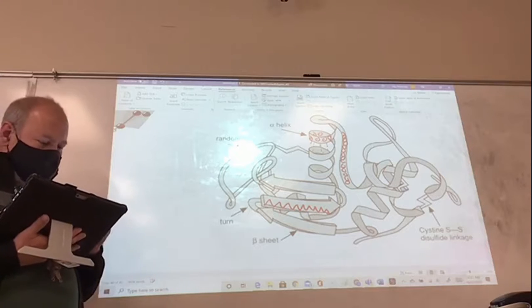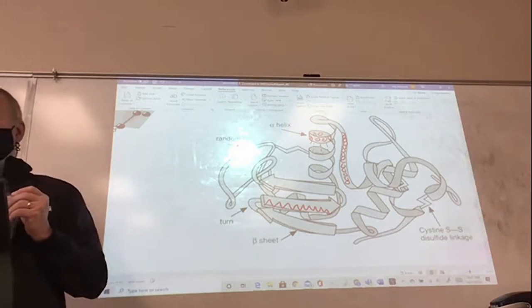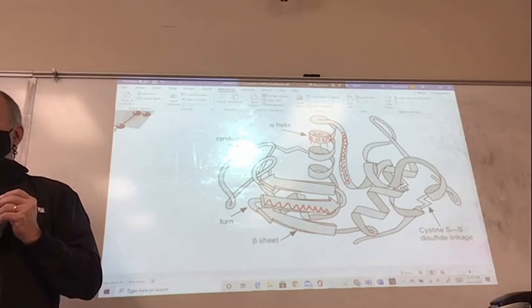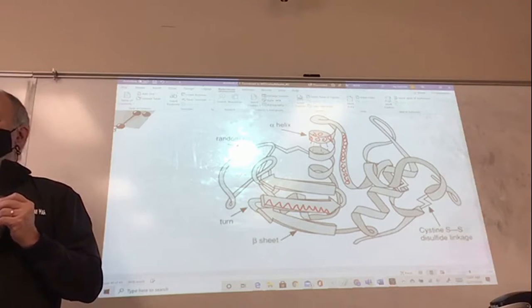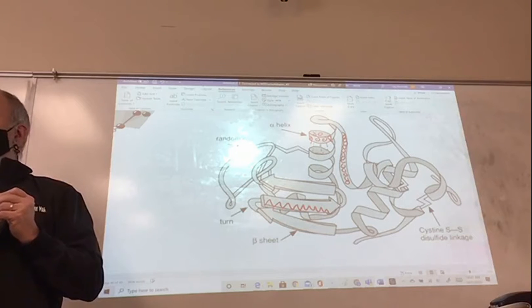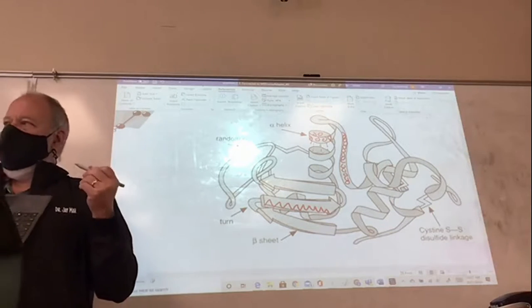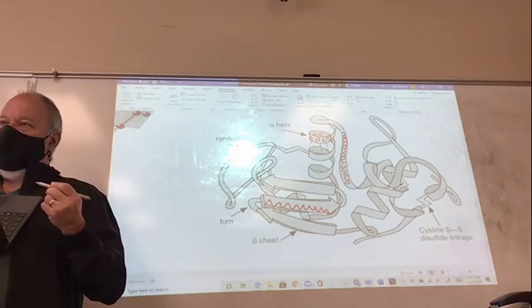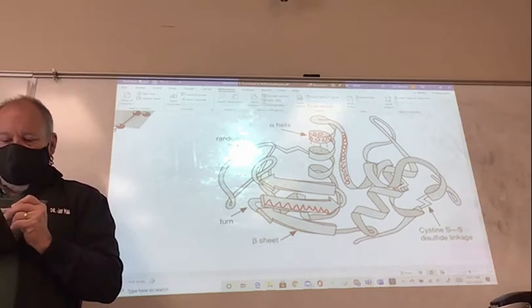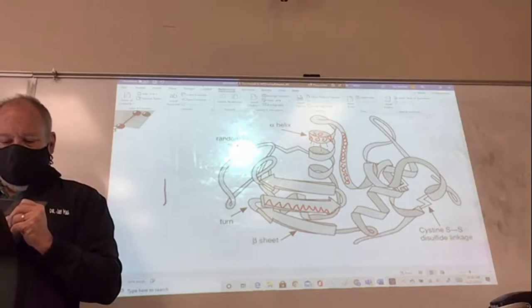How many of you remember anything about the electron transport chain? Or do you just remember that it's part of cellular respiration? What's the purpose of the electron transport chain? What do we make because of that? Yeah, ATP. We make ATP, right? The last step in this is a protein called ATP synthase.